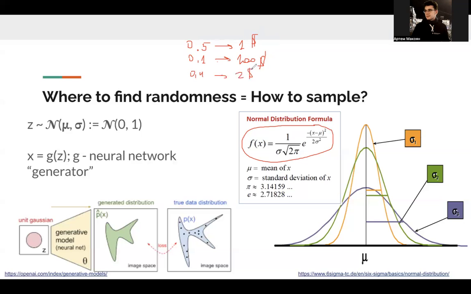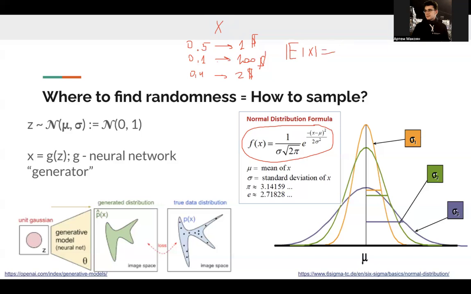How much money will we obtain at the end, let's say in mean? So we want to count the expectation of this random variable x. X is how much money we will get at the end. X is a random variable because it is not deterministic. It can equal 1, 100, or 2.